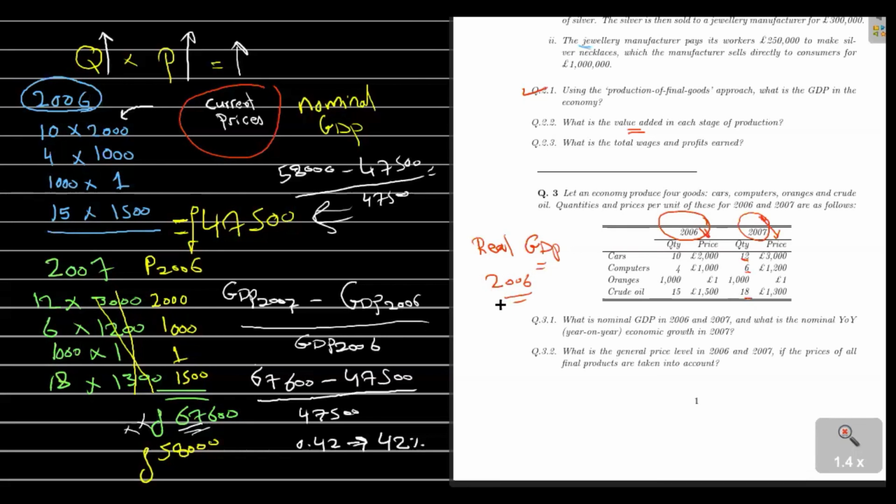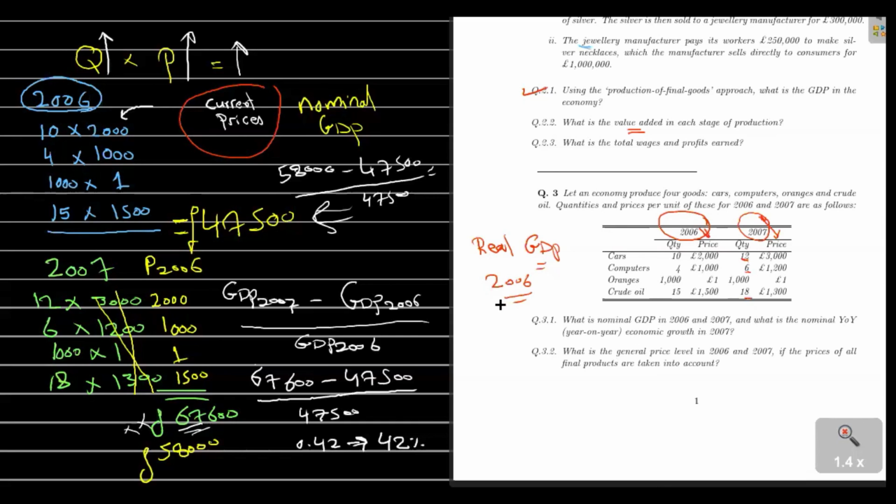The prices were not fixed at all over that time. During that period, the prices have been changing, going up and down. But because my objective here is to know how much output has changed, I need to exclude the effect of prices. And one easy way to do that is just fixing the prices.